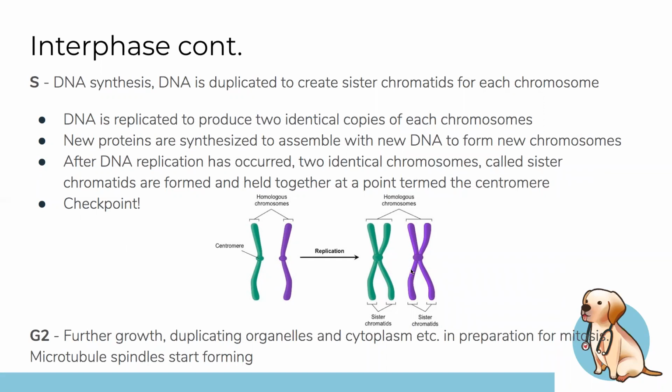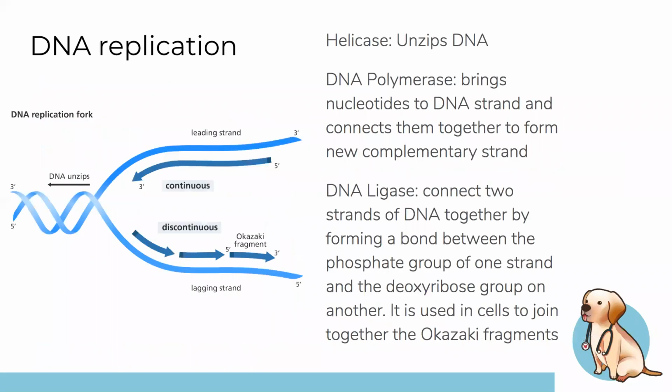DNA is replicated into identical copies, and at this stage you're doubling the amount of genetic information, but not doubling the amount of chromosomes. In G2, there's just more growth and duplicating everything to prepare for mitosis.